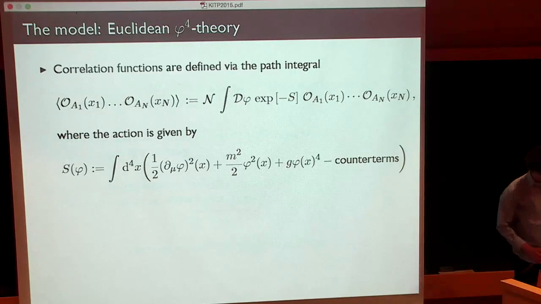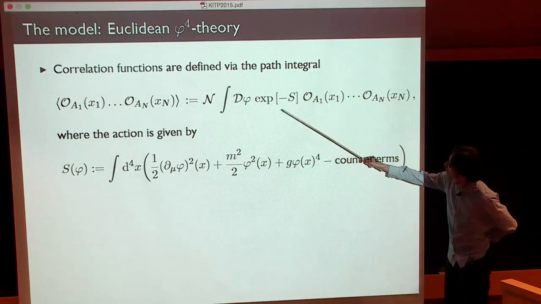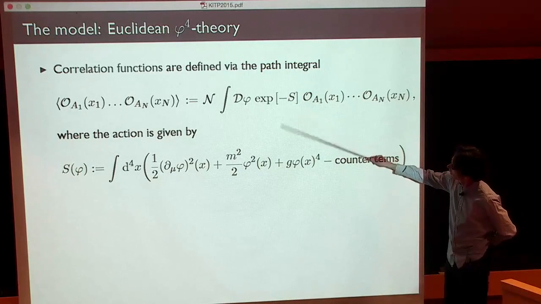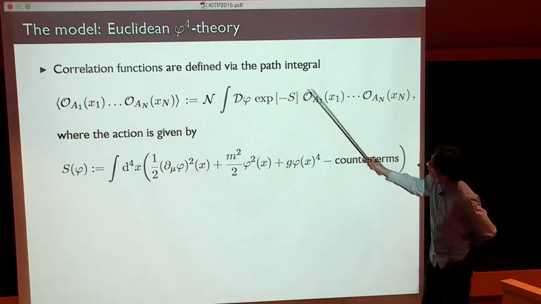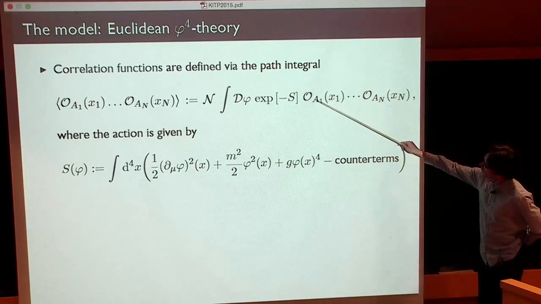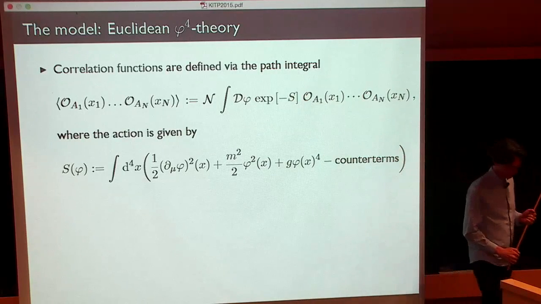So just to say, in this model, correlation functions are defined in the usual way. You take your action and you put it in an exponent with a minus sign, and then you put in your composite fields, and you path integrate with some sort of normalization.